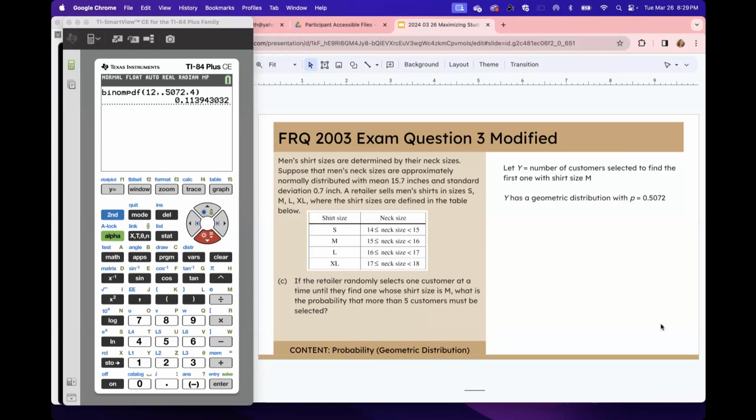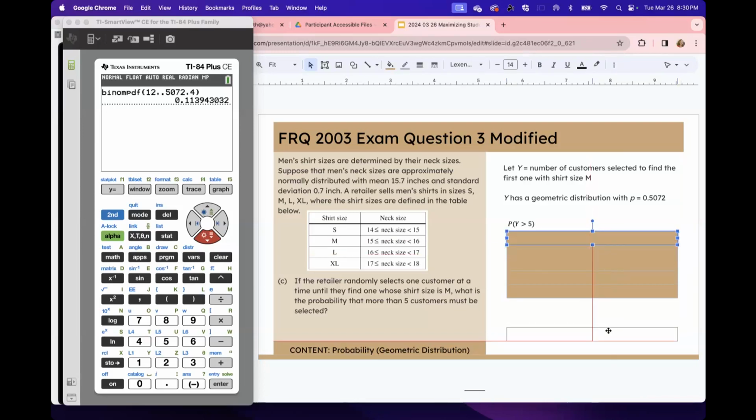We could, heaven forbid, calculate the probability that Y is greater than 5 with an infinite series. We don't even do that in this course, and we don't expect students would know that. So I would say let's do the complement rule, to at least make it a finite series we have to find: 1 minus the probability of Y less than or equal to 5.